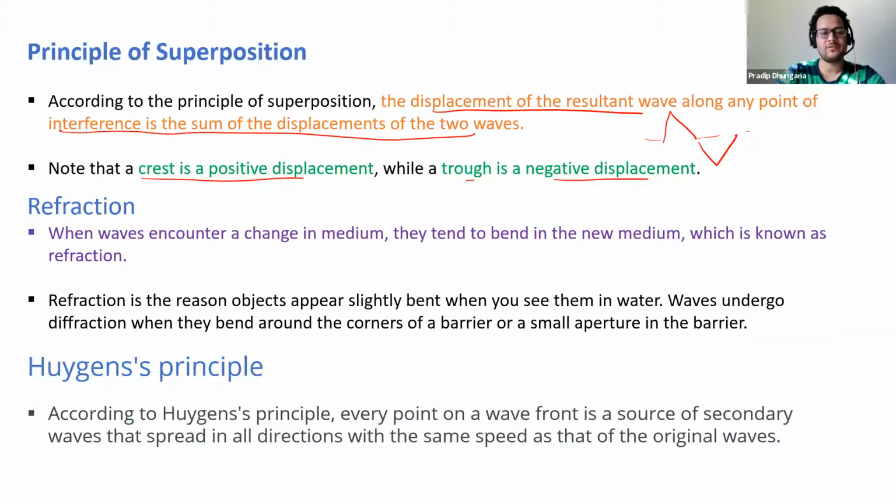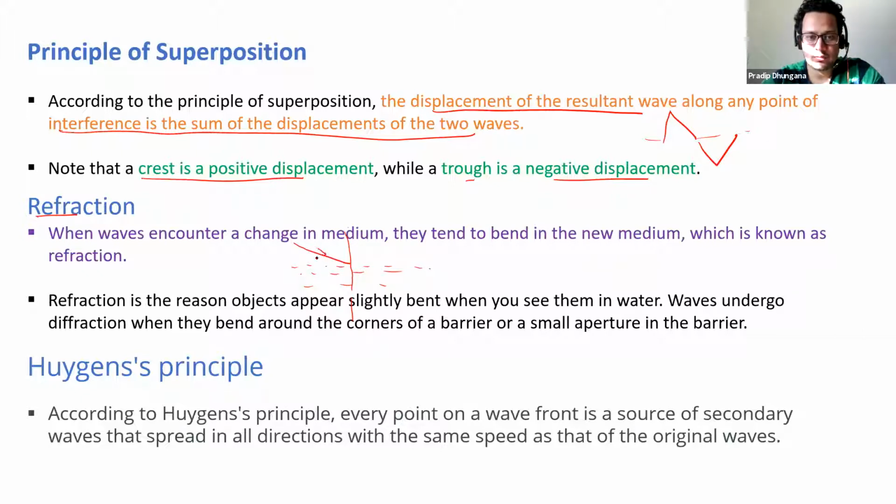Now let's talk about refraction. When waves encounter a change in medium, let us suppose the wave travels from air to water or water to air or any other medium to another medium, they tend to bend in the new medium, and this phenomenon is called refraction. As an example, let us suppose we have water here, the medium.